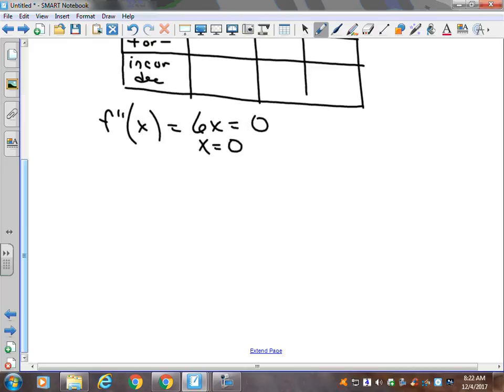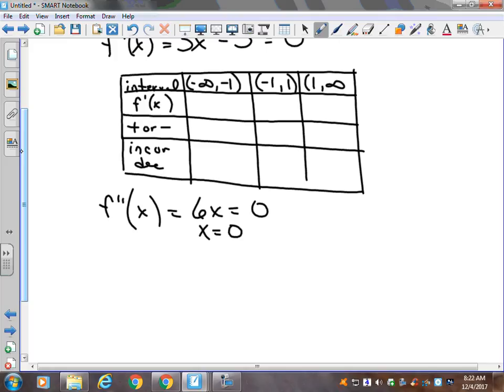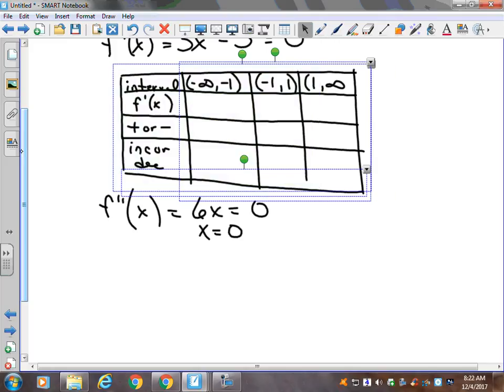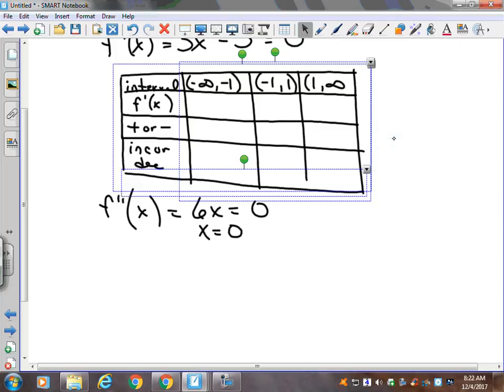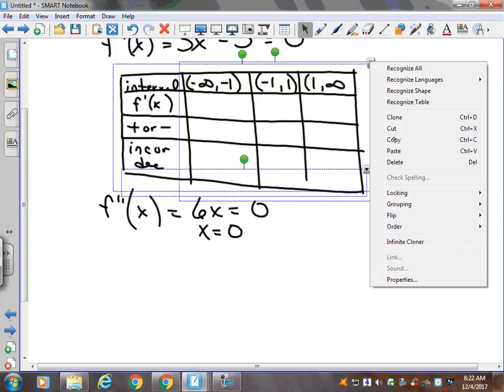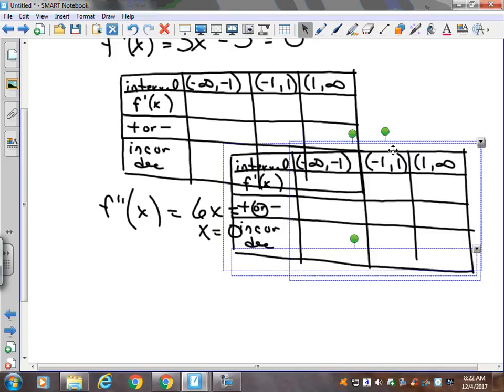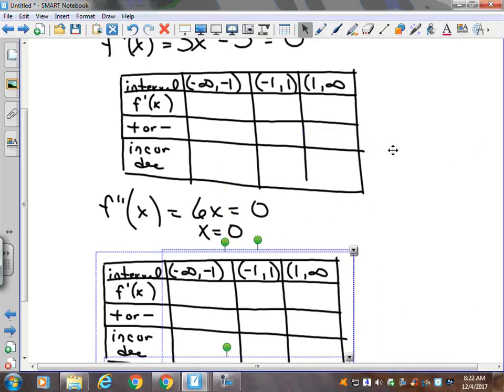So, I tell you what, hold on. Let's see if I can copy and paste this thing down here, because that would really help me a lot, not to have to redraw it totally. All right, so if I want to include 0, won't I have to change my second interval here?